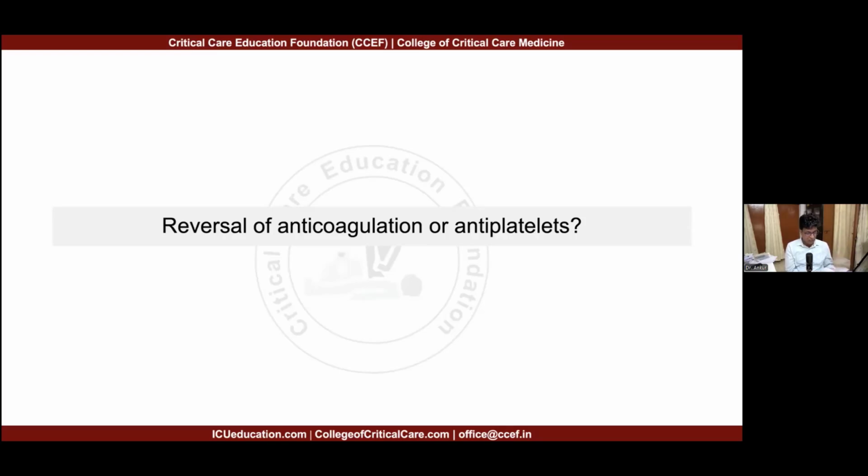Either you can give vitamin K, or you can give fresh frozen plasma, or you can give prothrombin complex concentrate. In the Western world, they say that instead of giving fresh frozen plasma, which takes time to arrange, you give prothrombin complex concentrate, which has better efficacy as compared to fresh frozen plasma.